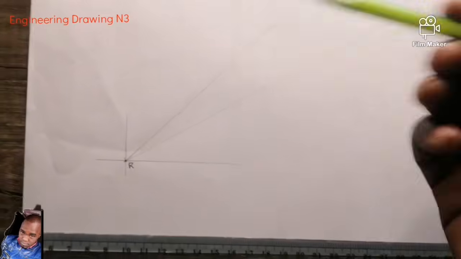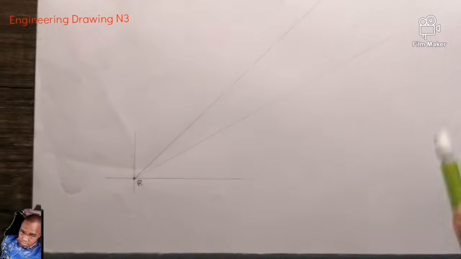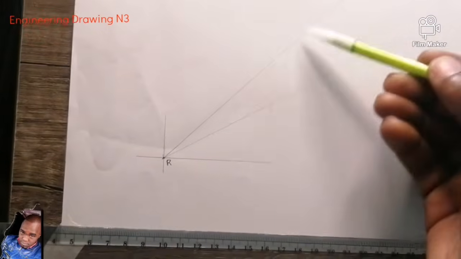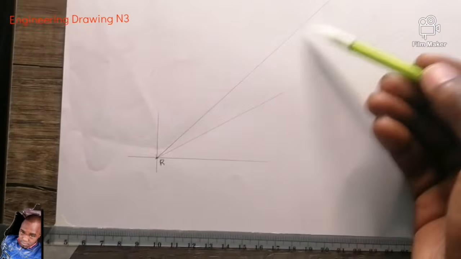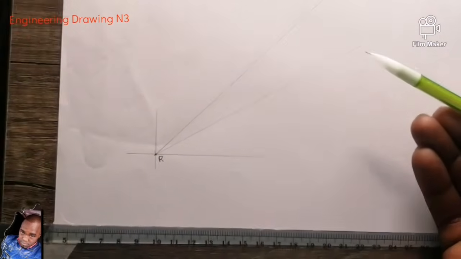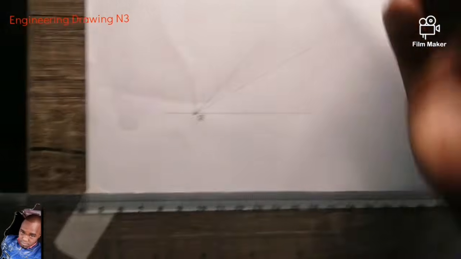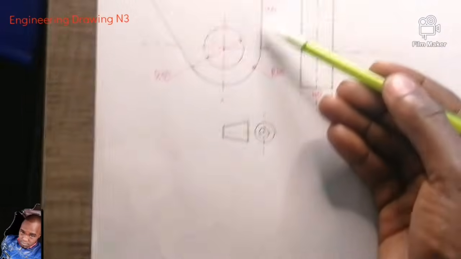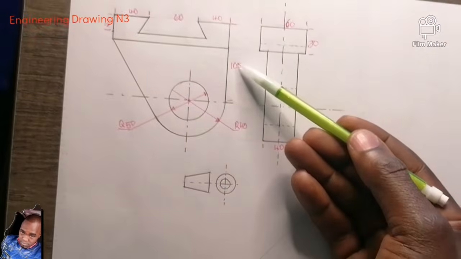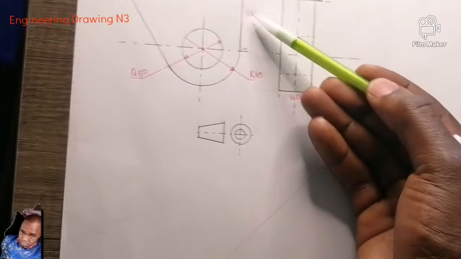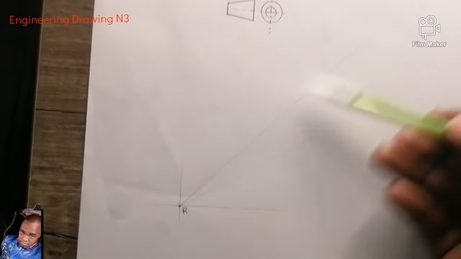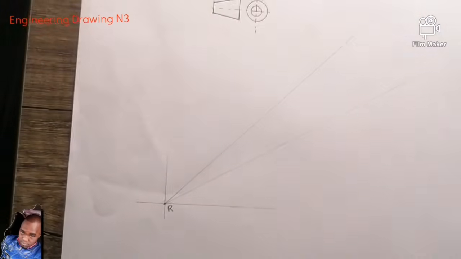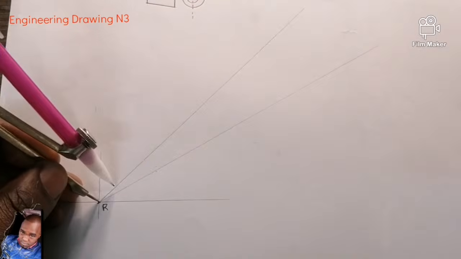But remember, you must always try by all means to save time. So you cannot make it go up until 200. It's not necessary, you understand. But again, you cannot make it less than 100, because the biggest dimension here is 100 millimeter. So let's do that.